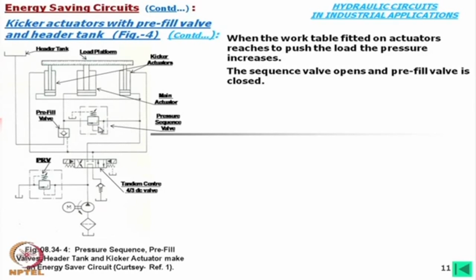Now, when the pressure is increased, this will open, then oil is going to this side and due to that this will be closed, and then the oil will go to all three cylinder actuators. Through this path it is going this way and to these two cylinders it is going as it is, but the flow will be automatically divided.